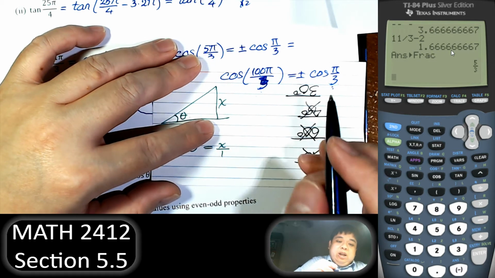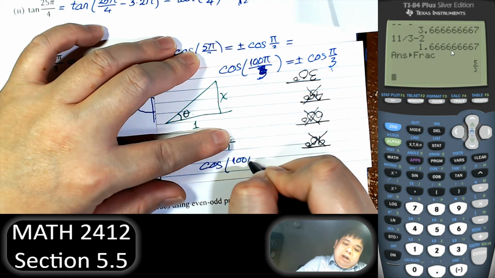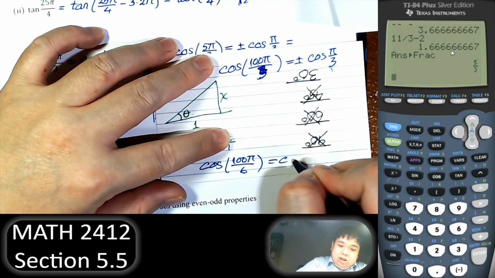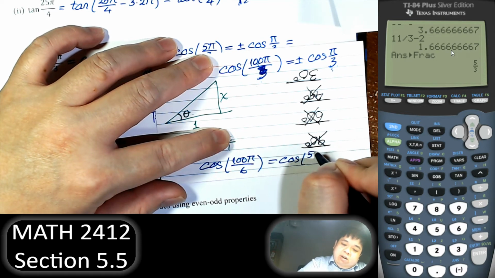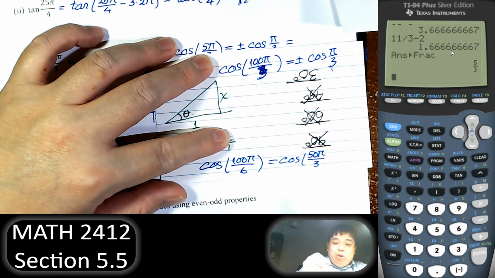Both of them have 3 at the bottom. Now, how about cosine of 100 pi divided by 6? Before we do that, we have to reduce it, cosine of 550 pi over 3, right? Have to reduce it first.